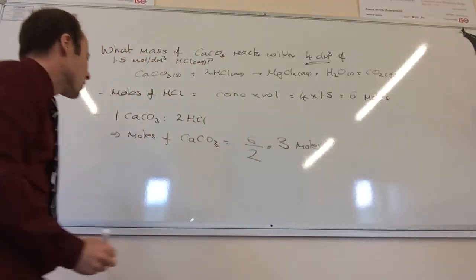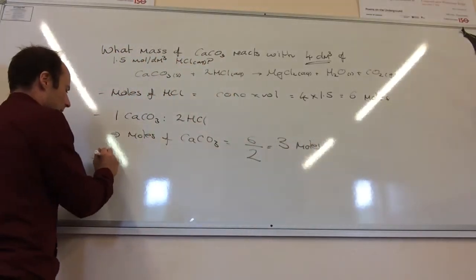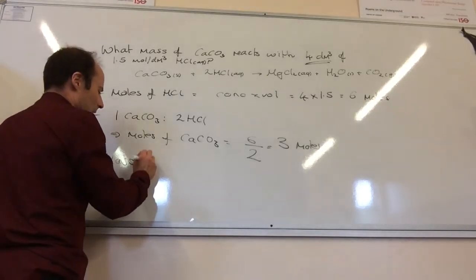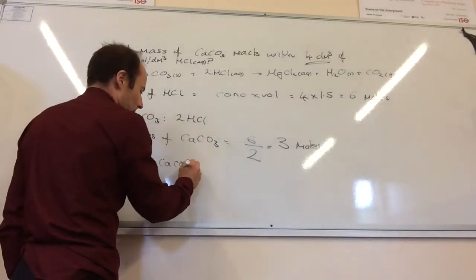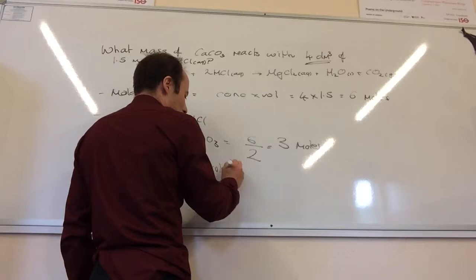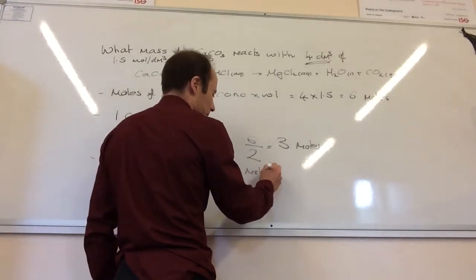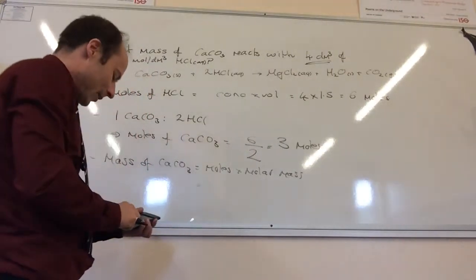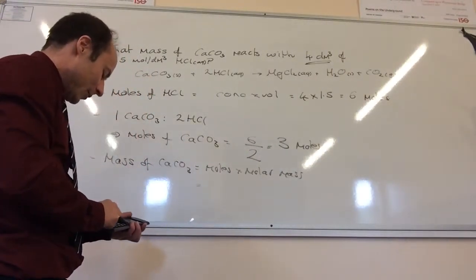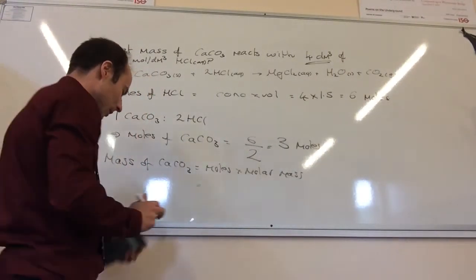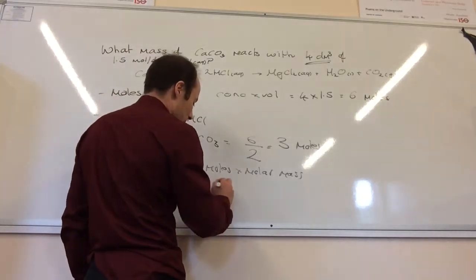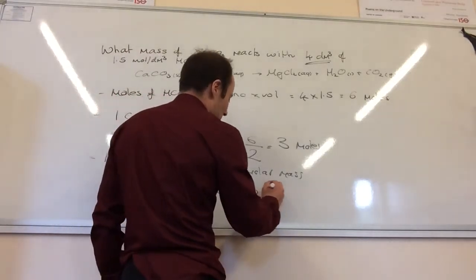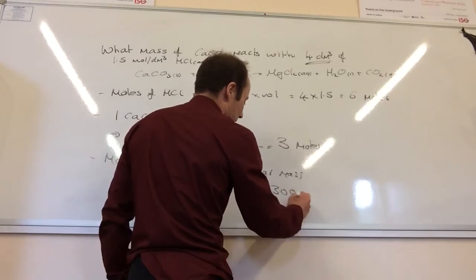And then finally you convert moles to mass. Mass of calcium carbonate is moles times molar mass. The molar mass of calcium carbonate is 100. So it's 3 times 100, which gives me 300 grams.